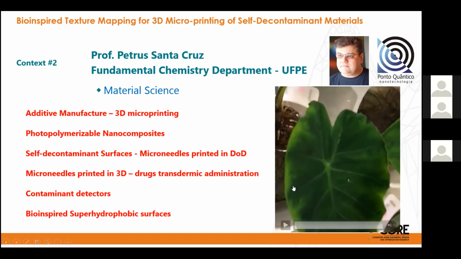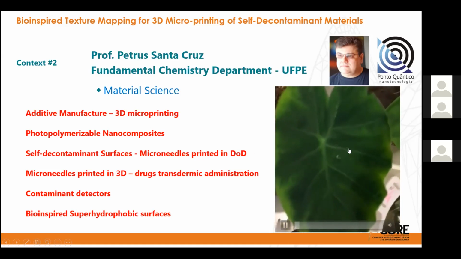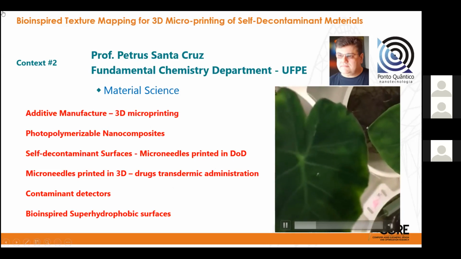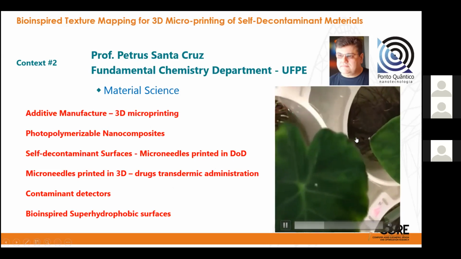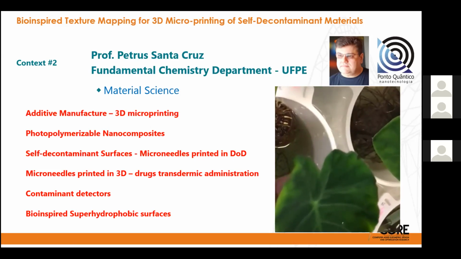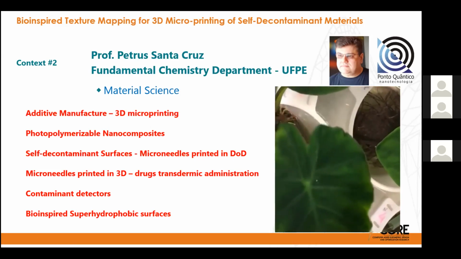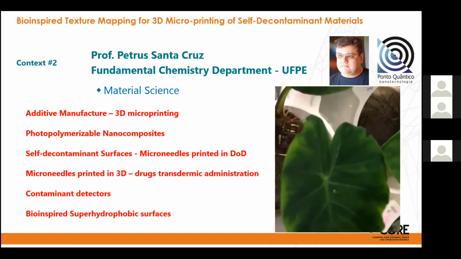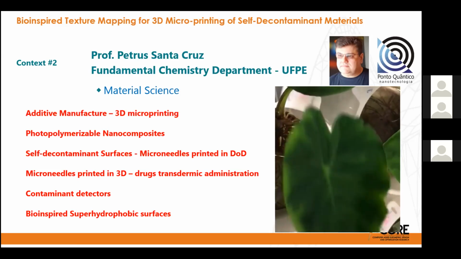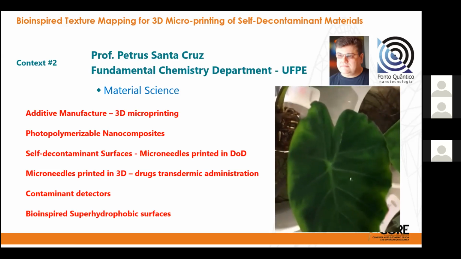What we see here on the right is a leaf that presents the property of superhydrophobicity. What we have here is a drop of water on the surface of the leaf, and we can see that the water doesn't wet the leaf.